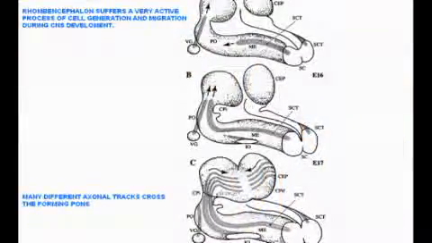This is a drawing of the rhombencephalon, and this is the cerebellum primordium, and here is what we call the rhombic lip, and this area will give rise to the pons.